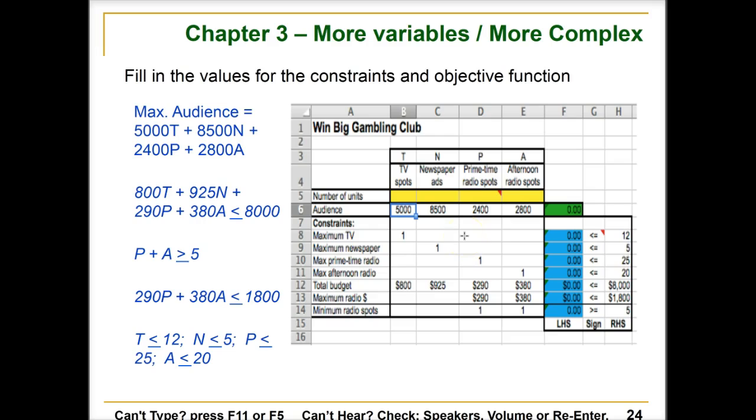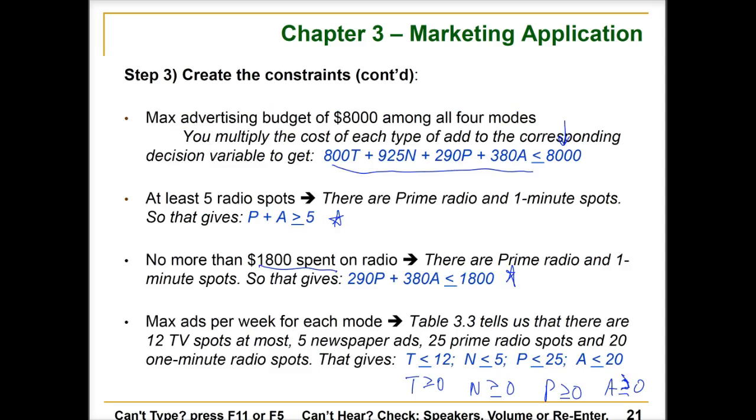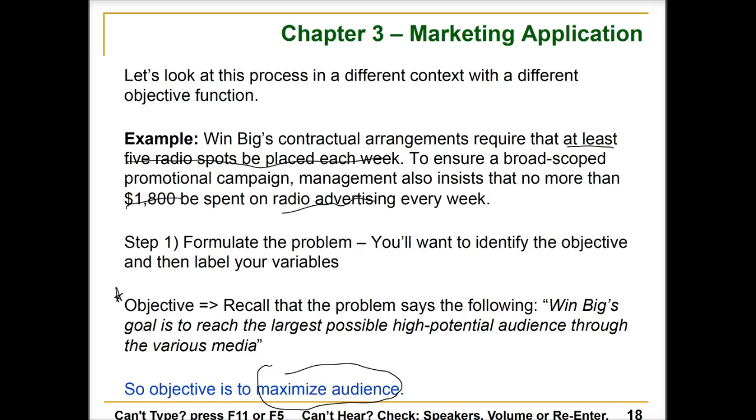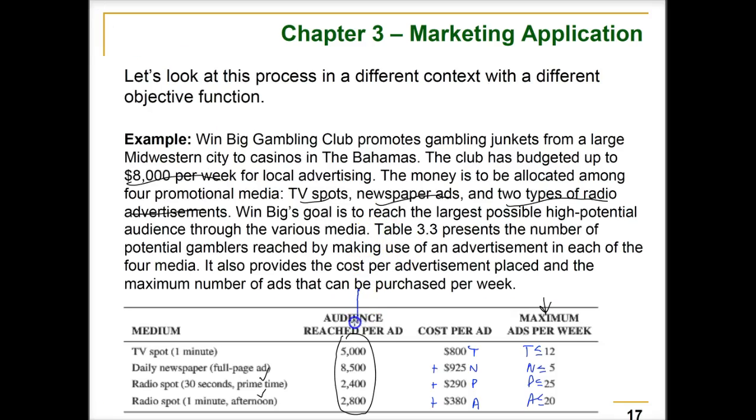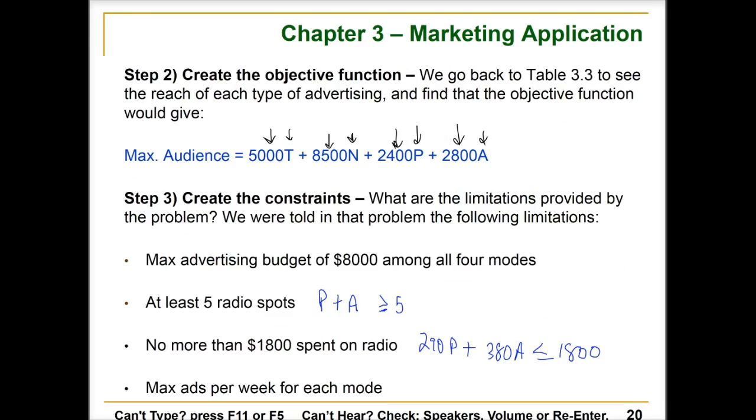And so by now, you should be kind of familiar with how we actually put this all together. Of course, these numbers here come from the chart that we had. I'll just go back there just to make sure that we all remember that. So those numbers come from there, and they are part of our objective function, which is to get the max audience or maximum number of people reached as possible.